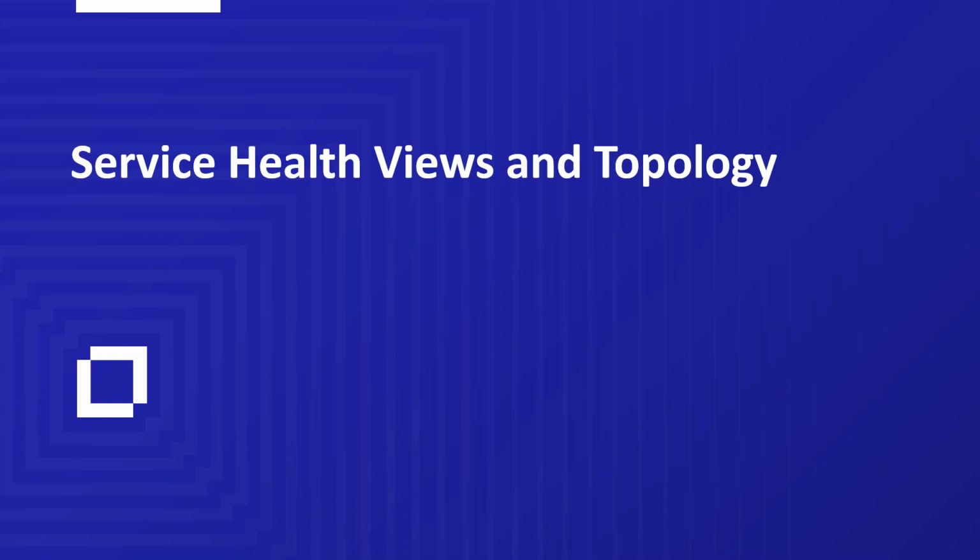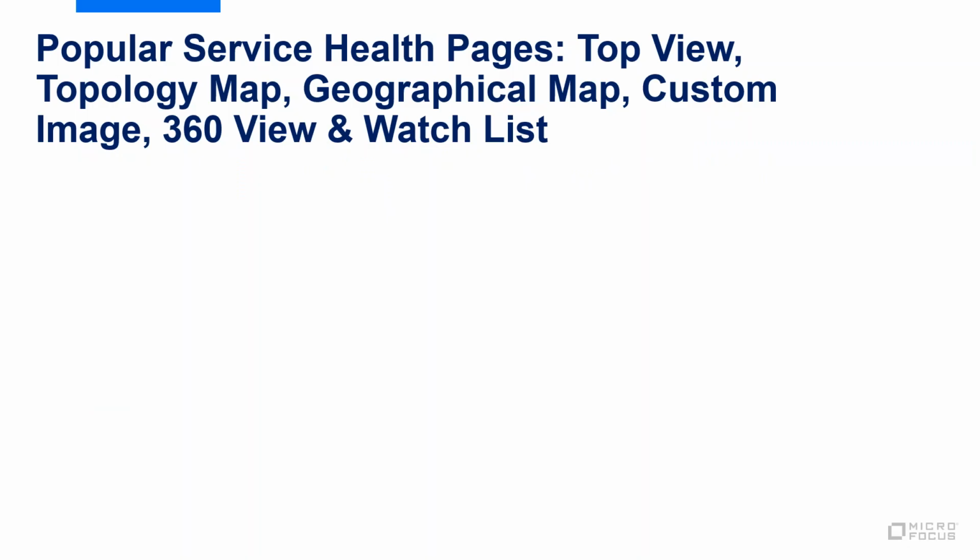The views can be created in RTSM, and then the data will be attached to each view, and calculations will be done by an engine called Marble, which is an online engine. In service health, we can see multiple default views like top view, BPM 360 view, and mappings. You can also create custom views.